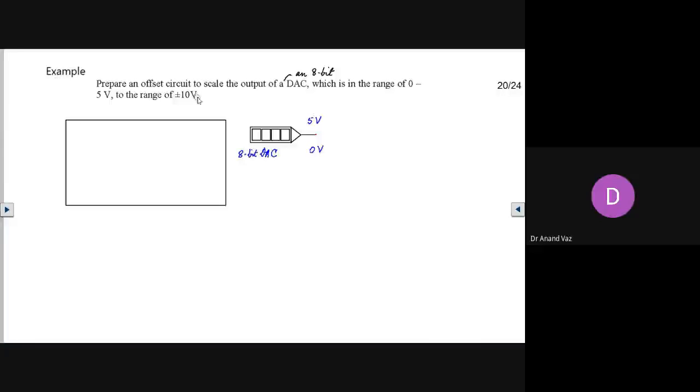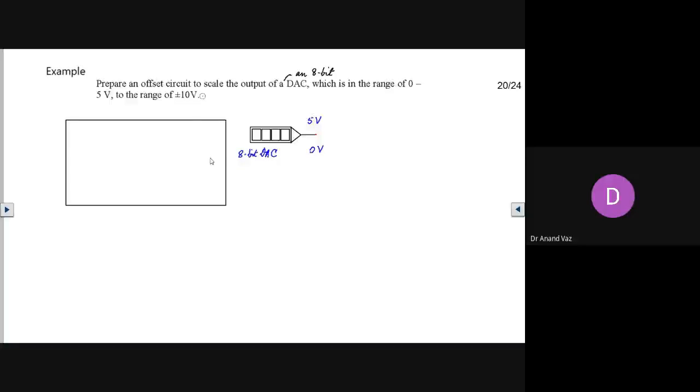Many times it happens that you want to interface your computer with an actuator, and the drive amplifier for the actuator can take bipolar inputs. So it can take inputs, maybe for example, between minus 10 volts to plus 10 volts.